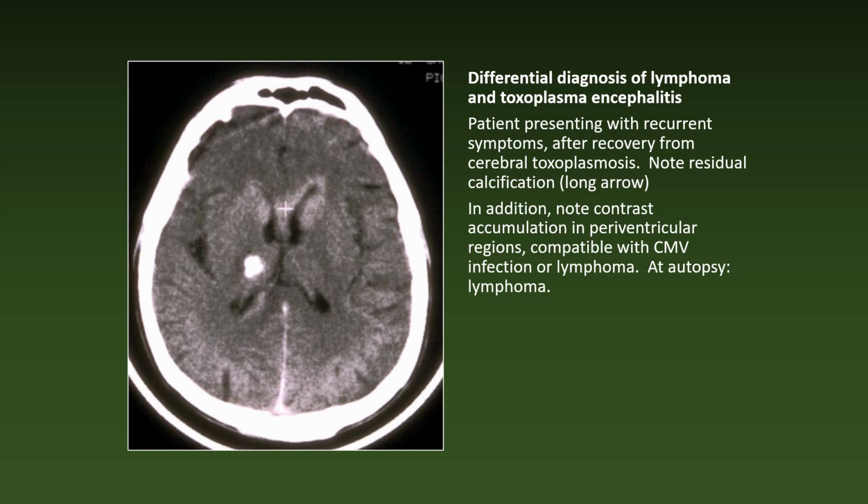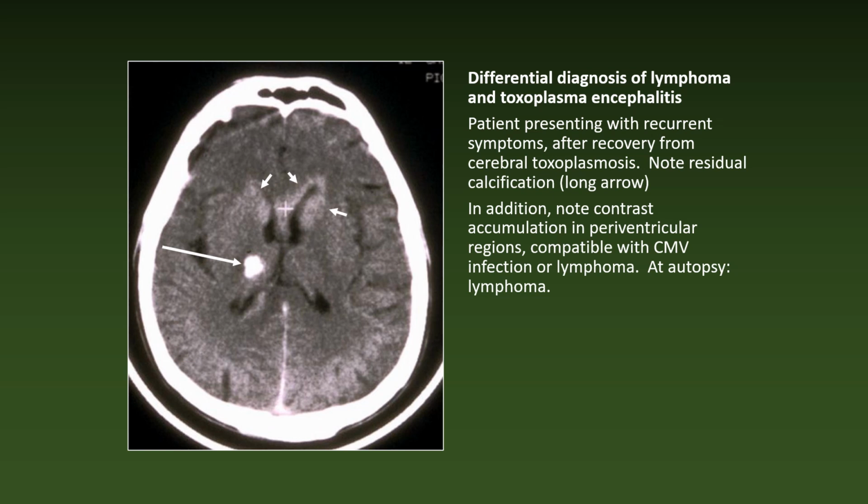Here is a case to illustrate the difficulties of differential diagnosis between lymphoma and Toxoplasma encephalitis. This patient presented with recurrent symptoms after recovery from cerebral toxoplasmosis. Note the residual calcification. In addition, note the contrast accumulation in periventricular regions compatible with CMV infection or lymphoma.